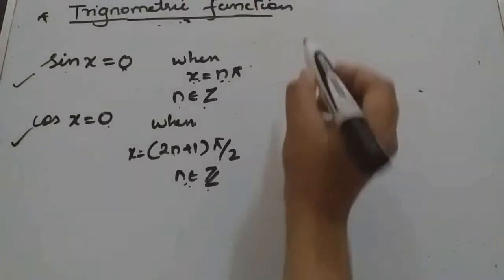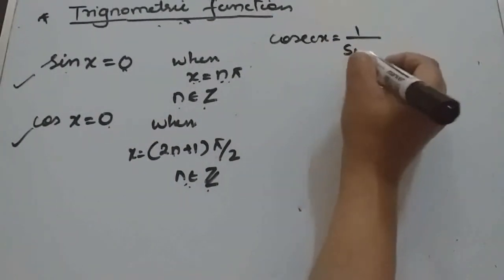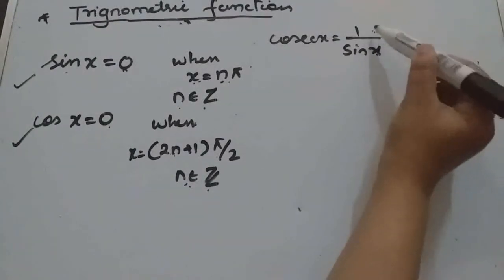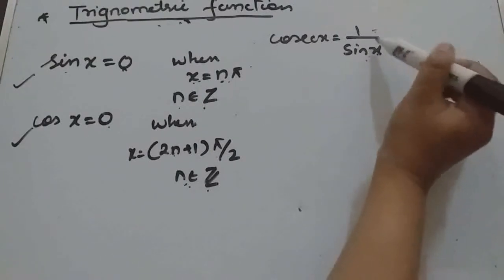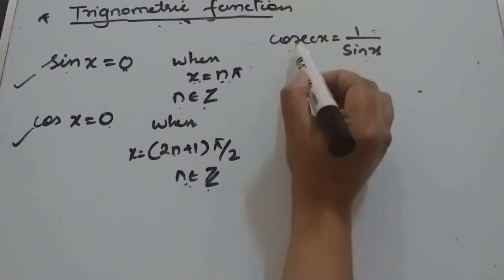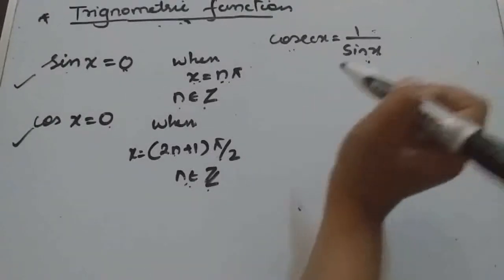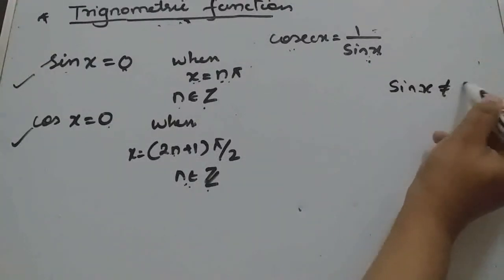Now, we know cosec x is 1 by sin x. This is an example of a rational function, so it should be well defined. Denominator should not be equal to 0, isn't it? So if we write cosec x is equal to 1 by sin x, one condition we should mention: sin x should not be equal to 0.